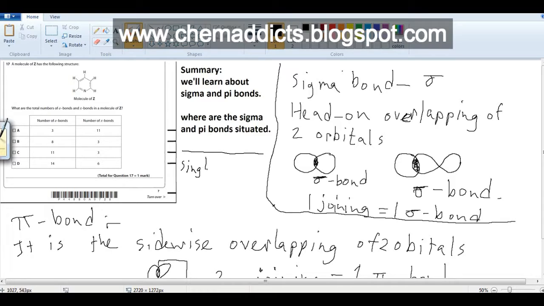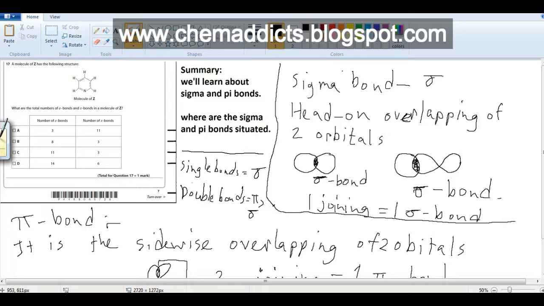Single bonds have sigma bond only. I was wrong before. So single bonds have only sigma bond, and double bonds have pi as well as sigma bond.